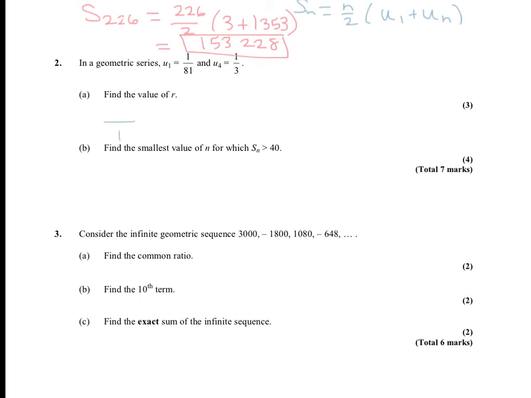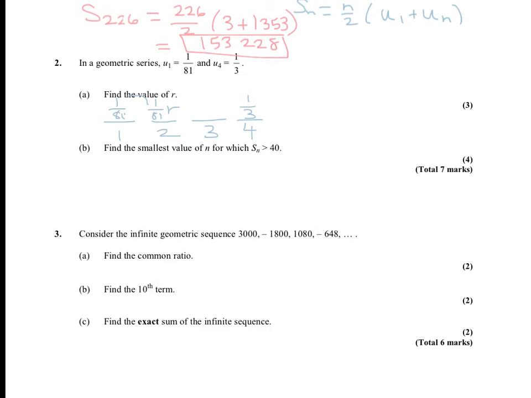And so sometimes I just like to write it out like this, if it's short enough. The first term is 1 over 81. The fourth term is 1 over 3. Well, how many times are we multiplying by r? We're multiplying it by 1, so it would be 1 over 81 times r.